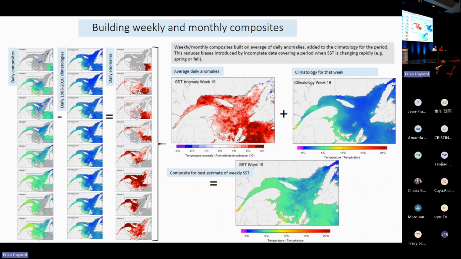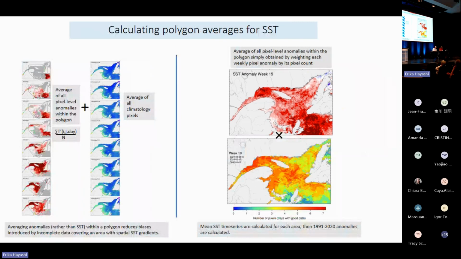If we want to do a box average on an area, we could do the box average of this picture, but we actually don't. We actually do the average of all available anomalies for that box, and we add that to the average of all pixel climatologies for all of the days.